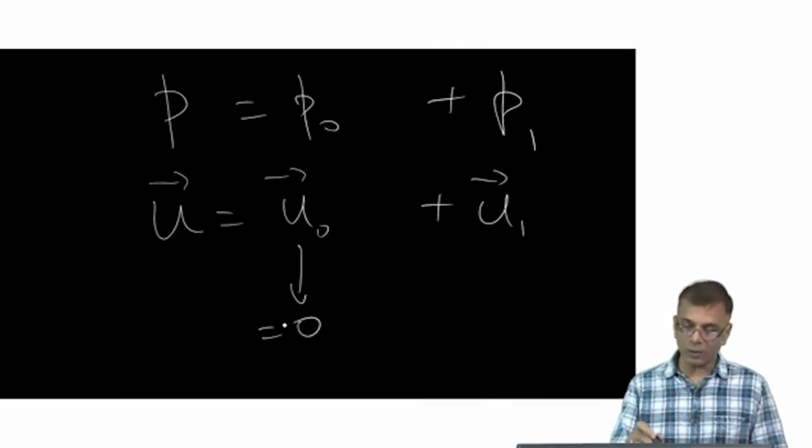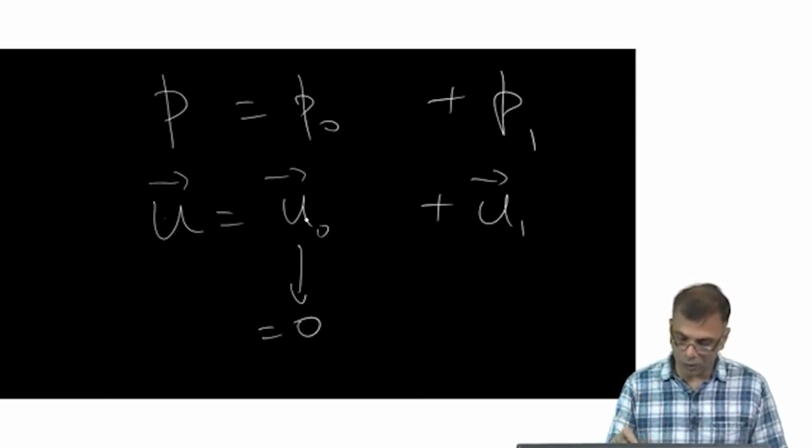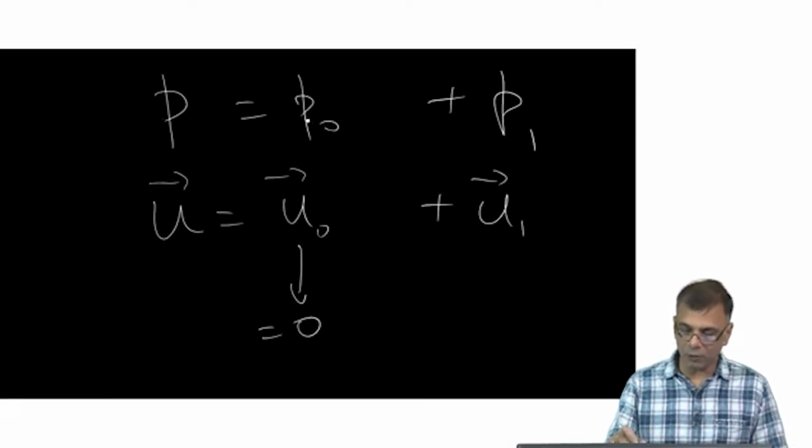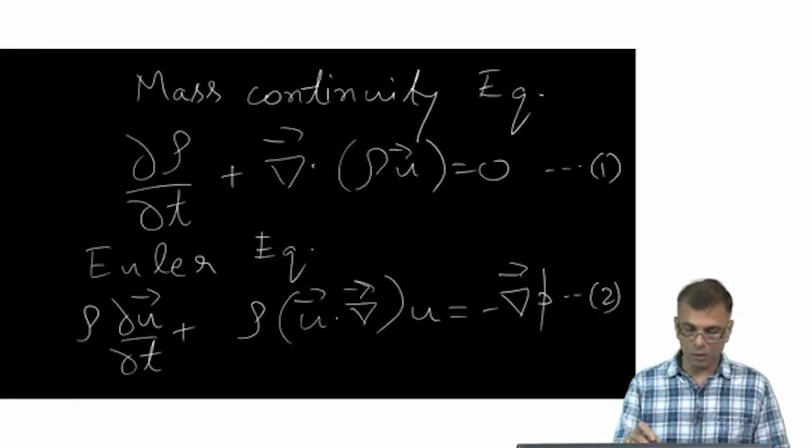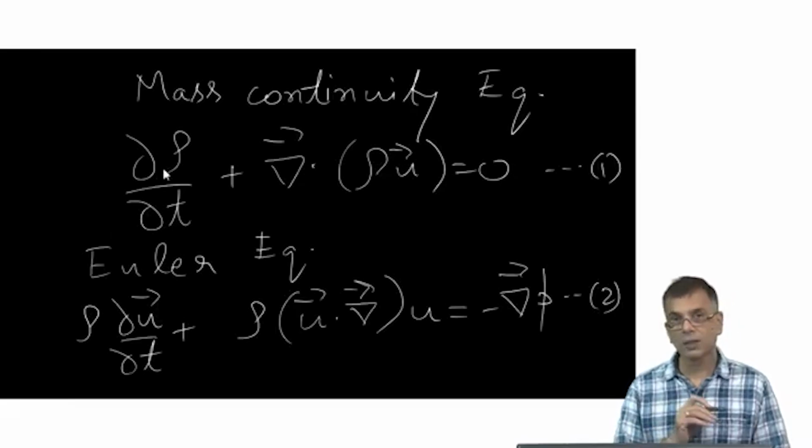So what we do is we substitute u equals u naught plus u1, p equals p naught plus p1, and rho equals rho naught plus rho 1 into these two equations.